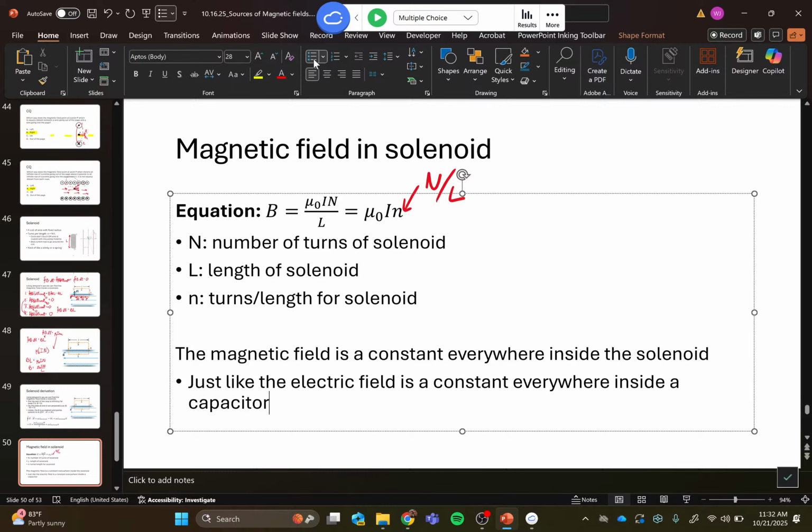This is why we use them in circuits. This is why a capacitor is used in a circuit. This is why a solenoid is used in a circuit. It's some device where, with the capacitor, the electric field is the same everywhere. With the solenoid, the magnetic field is the same everywhere.